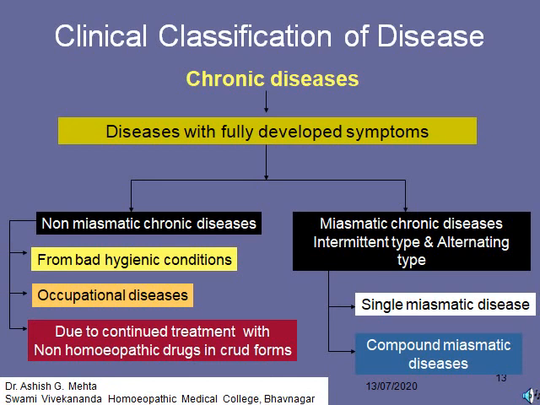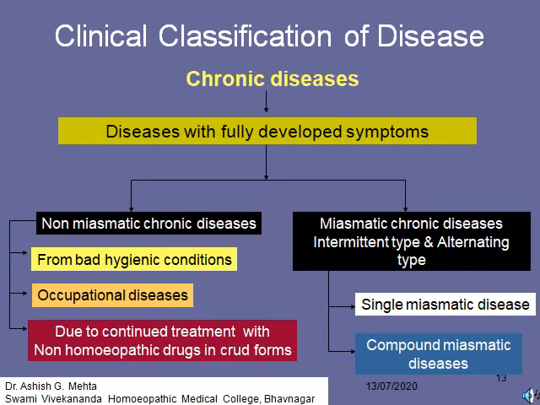And last but not least, there are diseases due to continued treatment with non-homeopathic drugs in crude forms. Here we have to understand what Dr. Hahnemann means by non-homeopathic drugs.